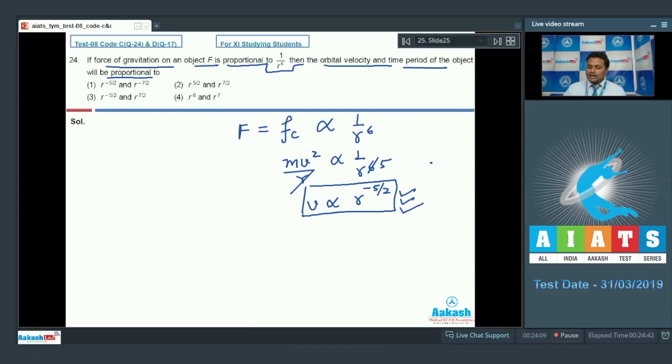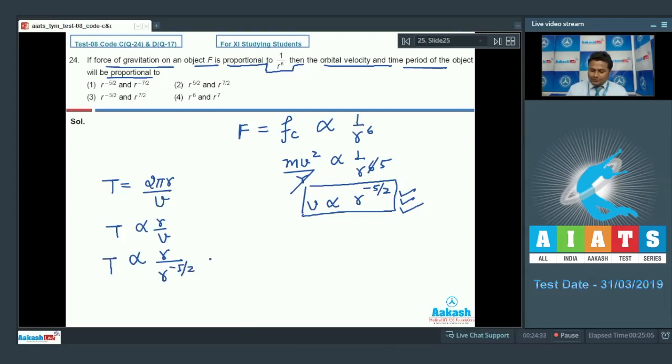Orbital velocity. Now for the period of object, we know that the time period of orbit is given by 2 pi r divided by v. Means T is proportional to r by v, which is proportional to r. V is itself proportional to r to the power minus 5 by 2.